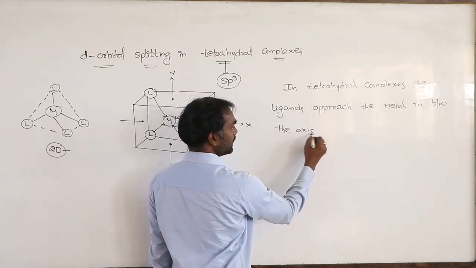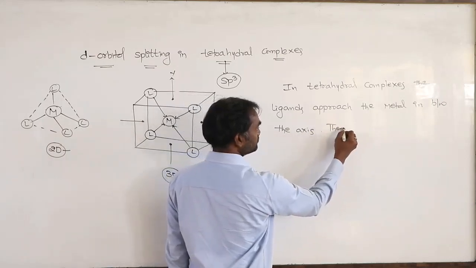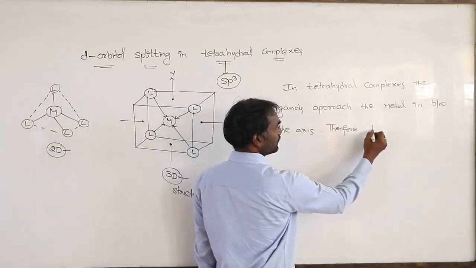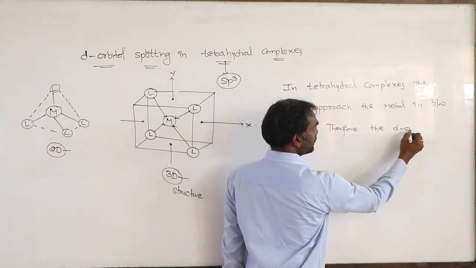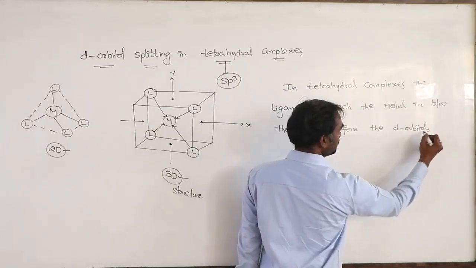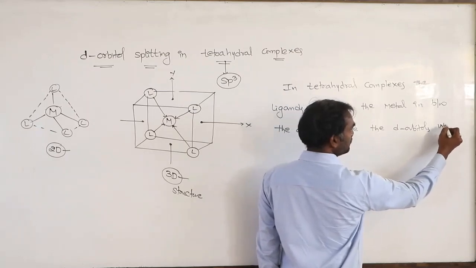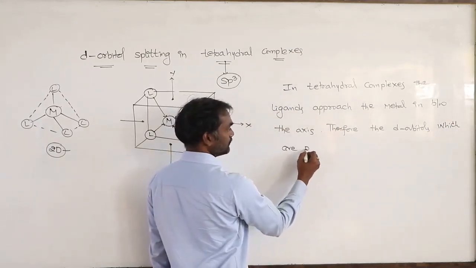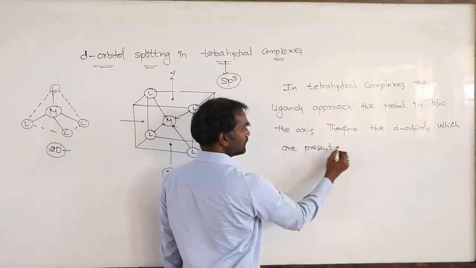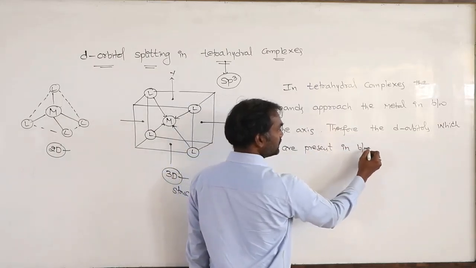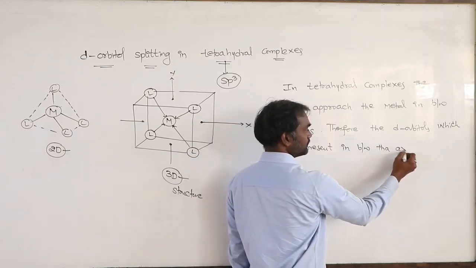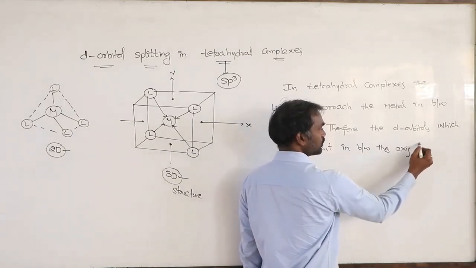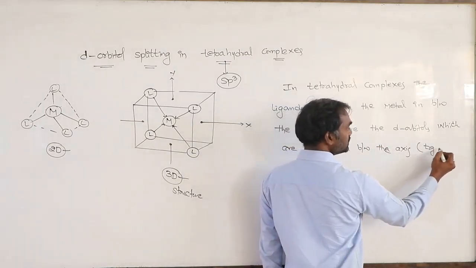Therefore, the d orbitals which are present in between the axis, what are they? t2g orbitals.